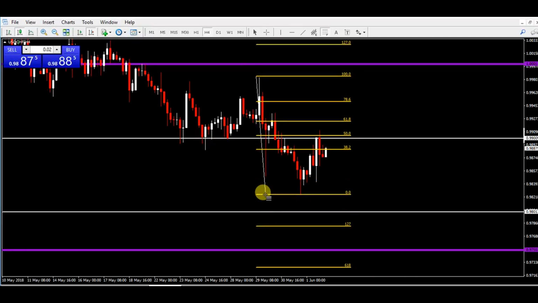Oh, what do you know? Swing high to swing low, came up into the 50, which is in confluence with what? Previous support, acting as resistance, confluence with the Fibonacci 50 zone, and confluence with what else? 0.9900, whole number. I told you, no coincidence. All these things lining up.